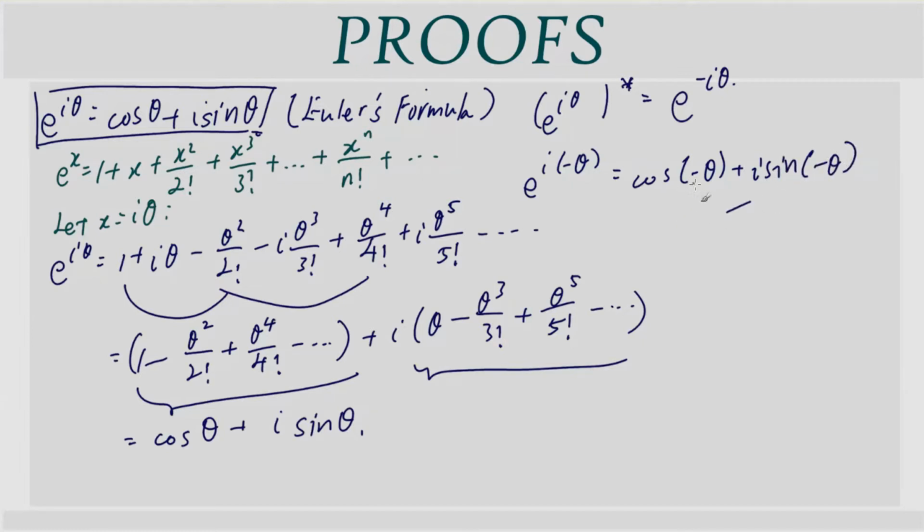And because cosine theta is equal to cosine negative theta, we have cosine theta, and because sine of negative theta is equal to negative sine theta, we get it expressed in this way, right? And this is the conjugate of e to the power of i theta.